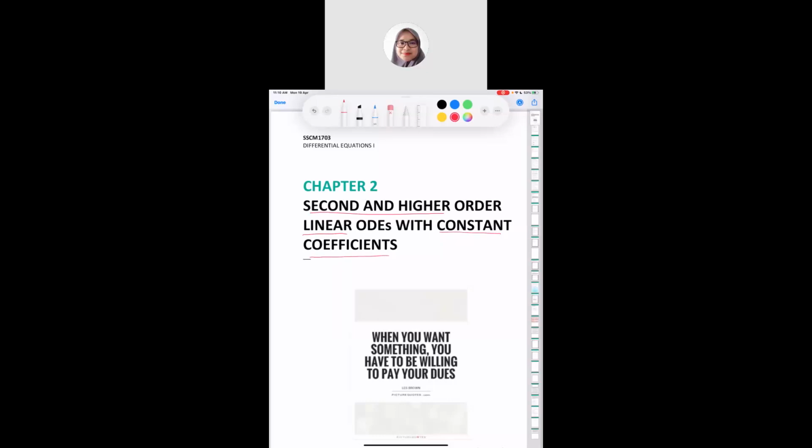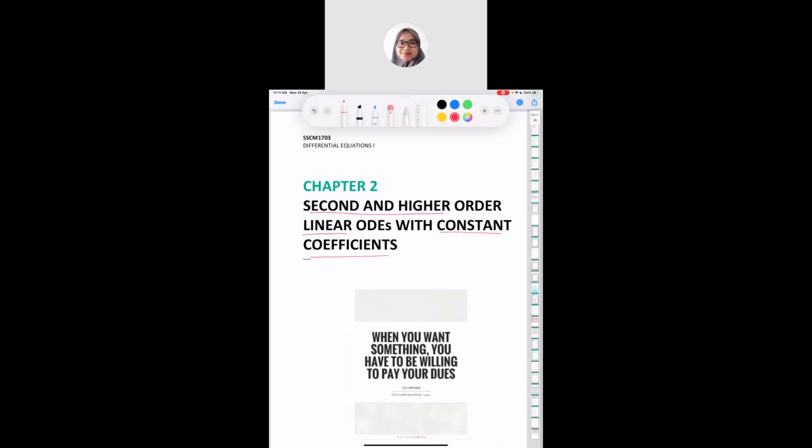So your scope for chapter 2 is small. We have set second order linear. It must be linear only, we will solve linear only, not involve non-linear. And it also involves constant coefficient. If you have variable coefficient, it is not in your syllabus.